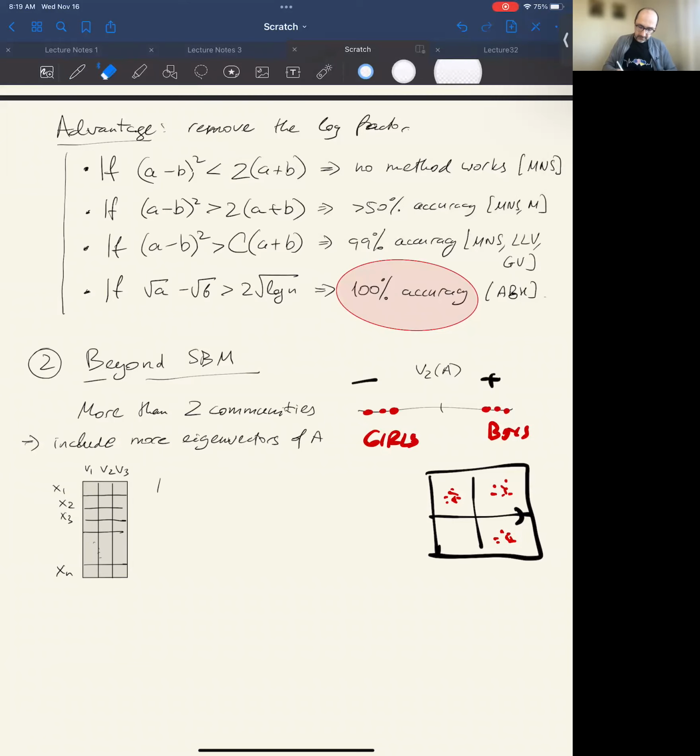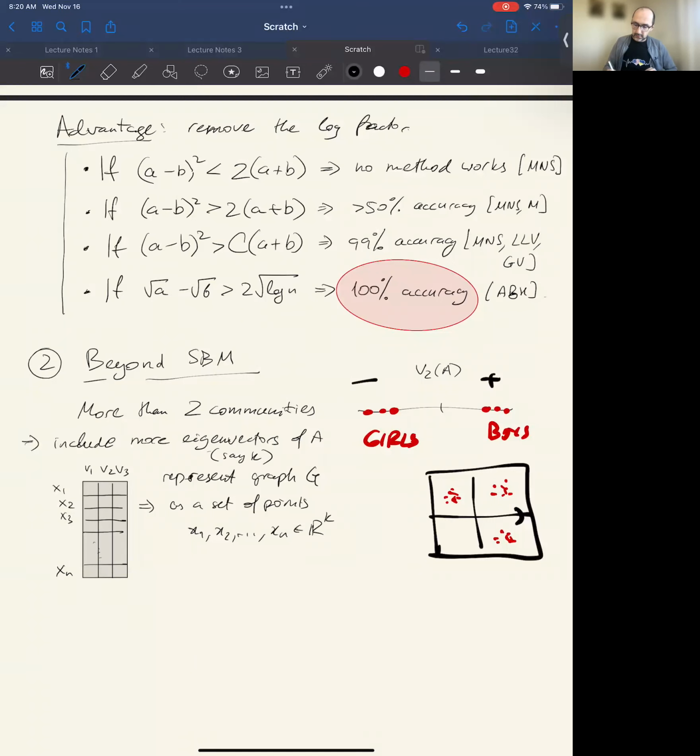So by doing this, we represent the graph G as a set of points x1, x2, ..., xn in R3, generally in Rk. So let's say we include k eigenvectors, in Rk. So we'll have a picture like this. The proof generalizes and it shows that these points cluster in R3 or in Rk.